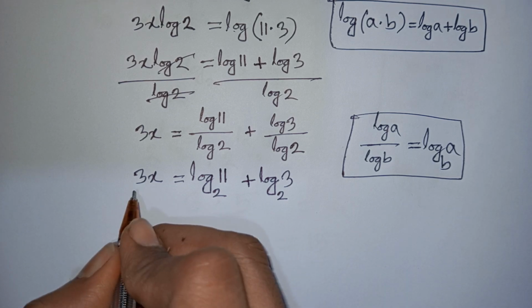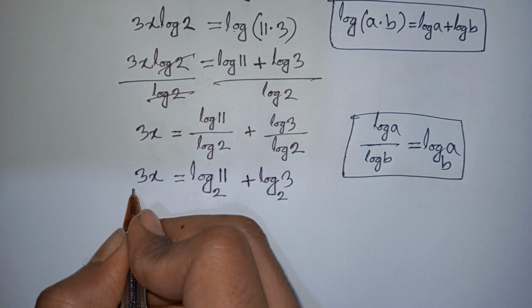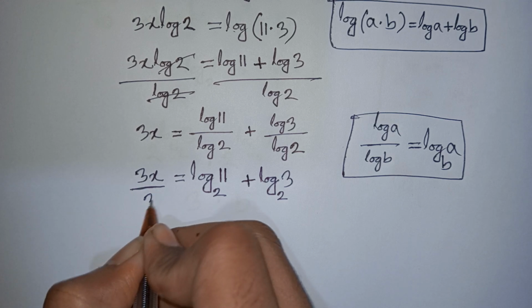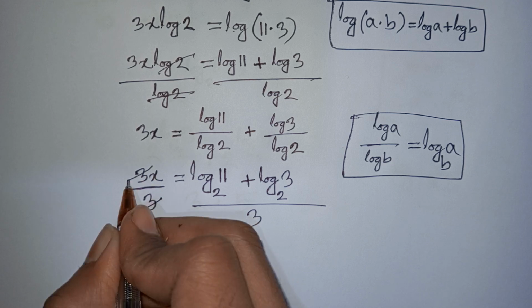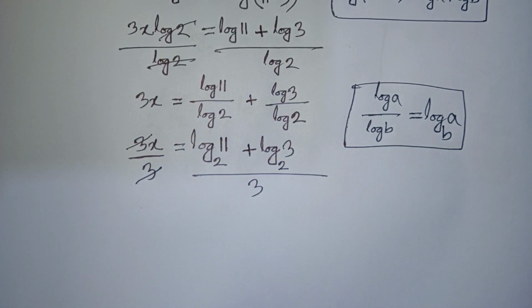Now, we need the value of x. So, we divide by 3 on both sides. So, this 3 will be cancelled.